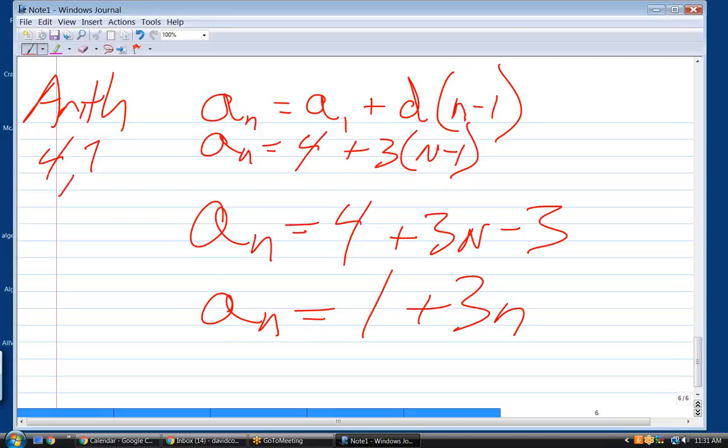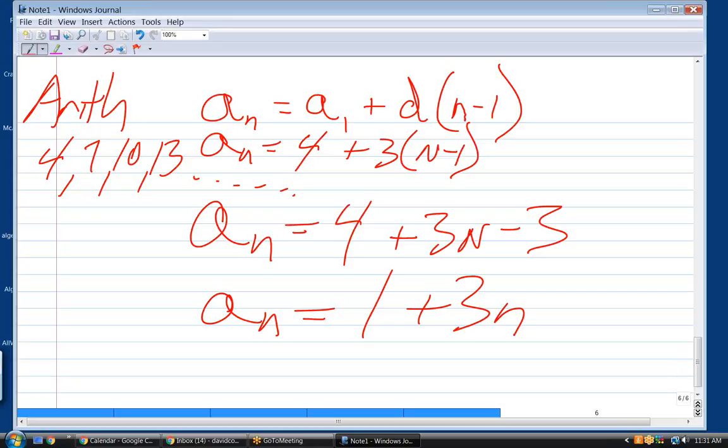The sequence that started there and went up by 3 with every term. And that goes on forever. So if I wanted to find the 12,000th number in that sequence, n is 12,000. Plug it in and you get the result.